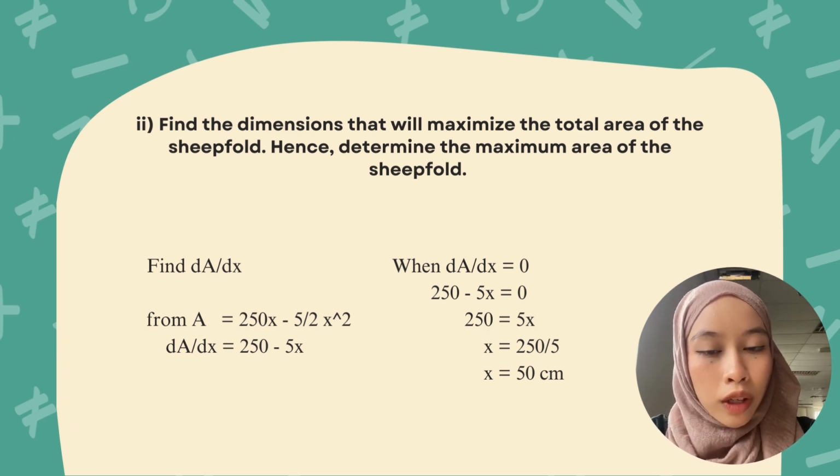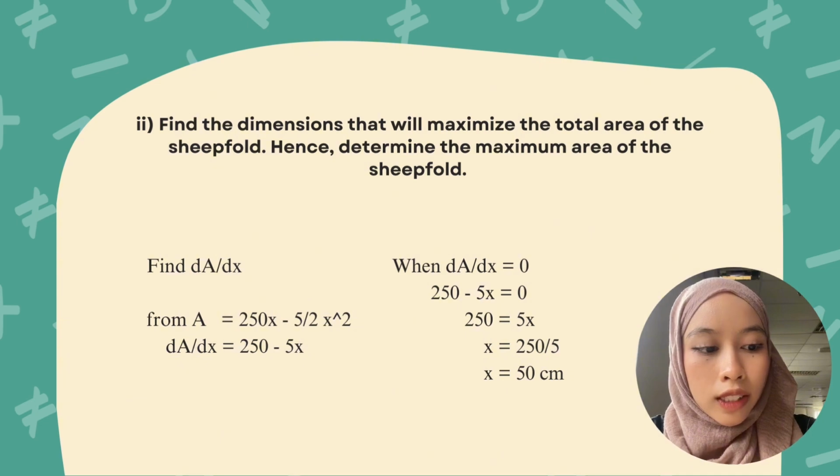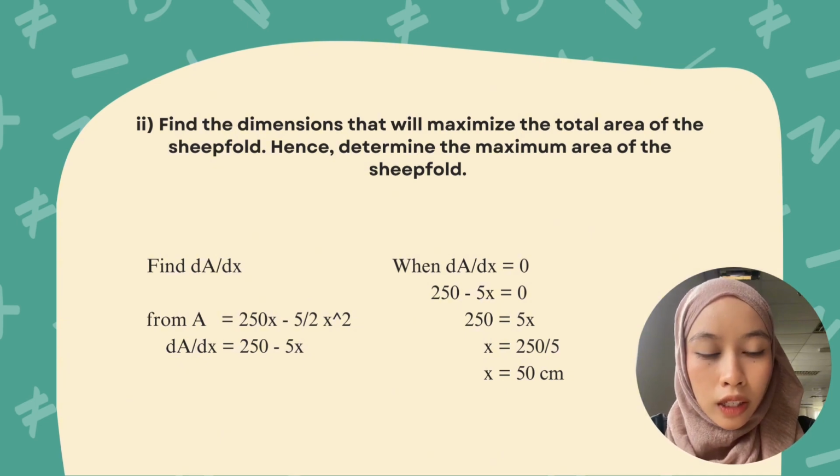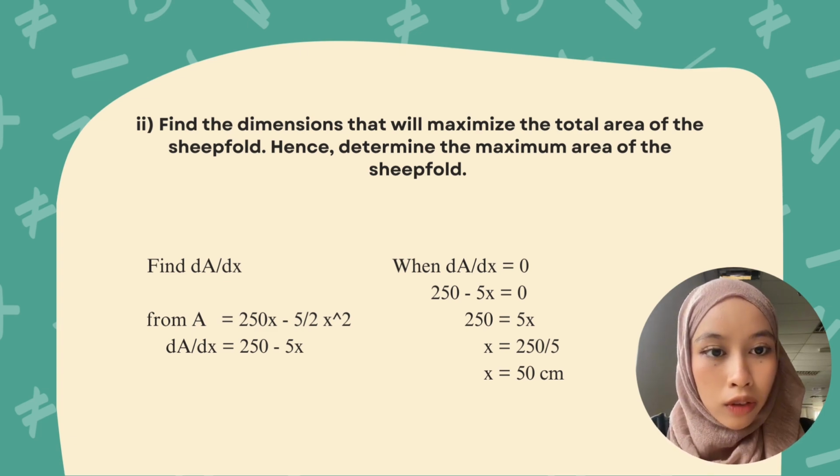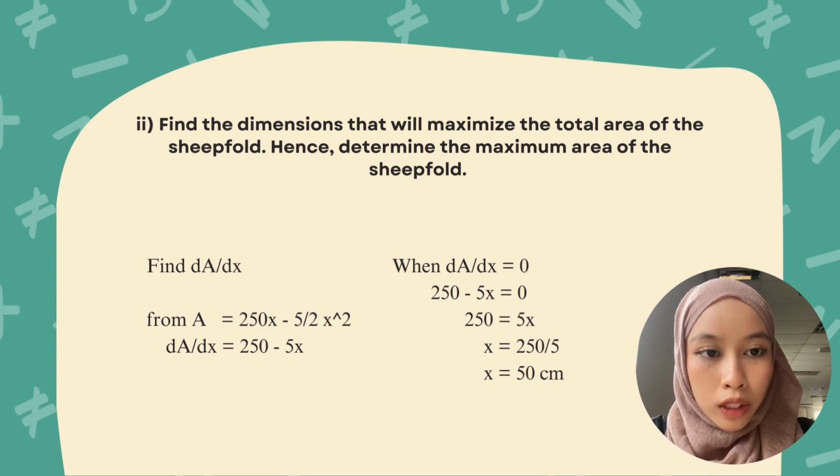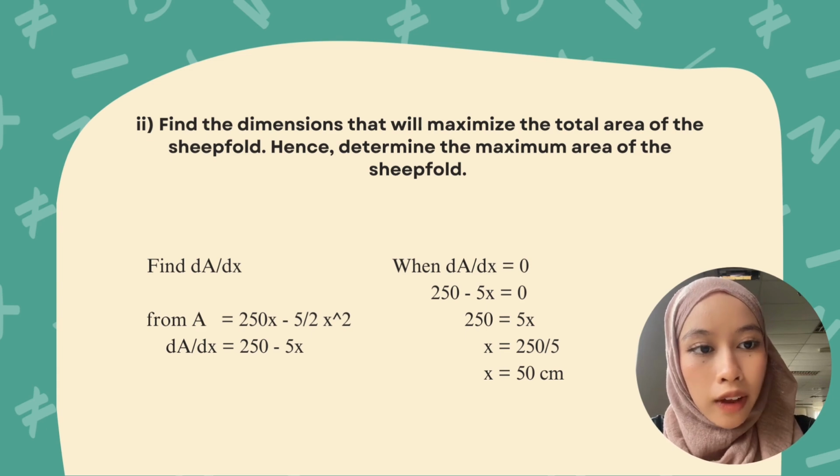So we need to differentiate, referring to the symbol used in the equation, which is dA over dx. First we need to find dA over dx from A, which is 250x minus 5/2 x squared, to be differentiated. So it will be 250 minus 5x.